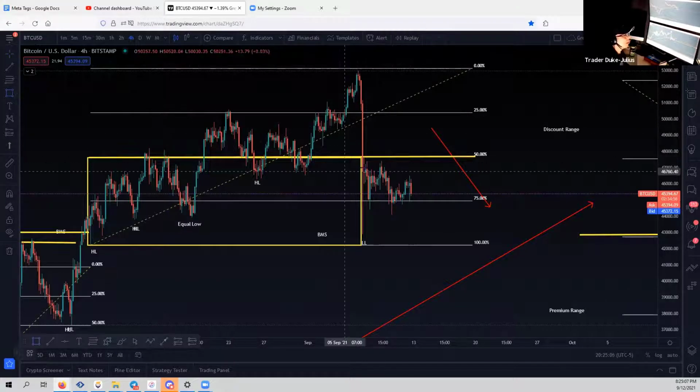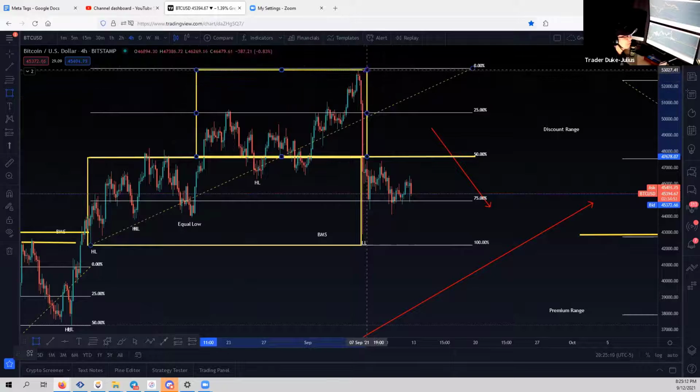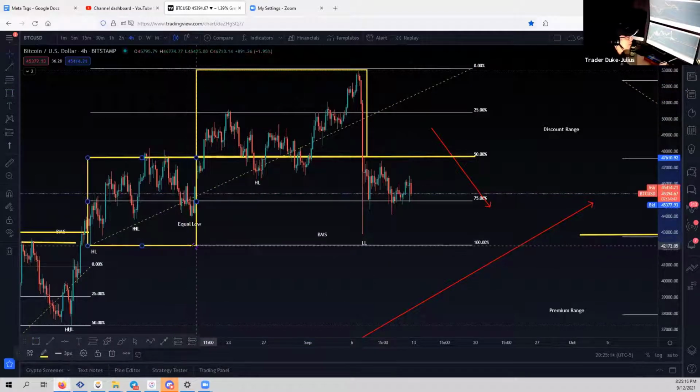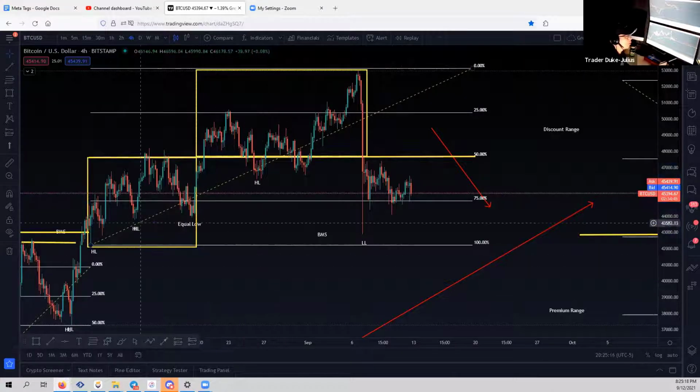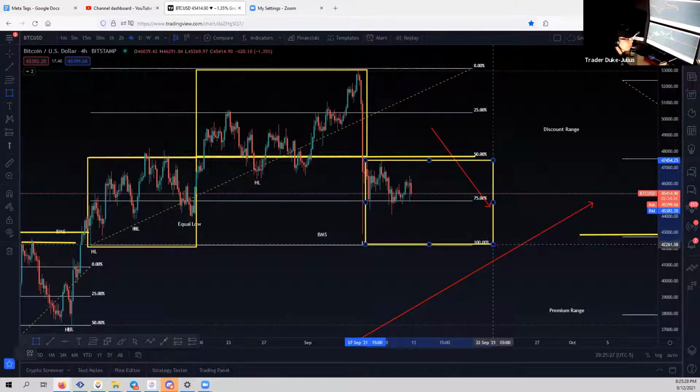Then we have this, actually it's this, hold on. It's this. So we have this lower trading level BMS, upper trading level BMS, and then take a look at this lower trading level.